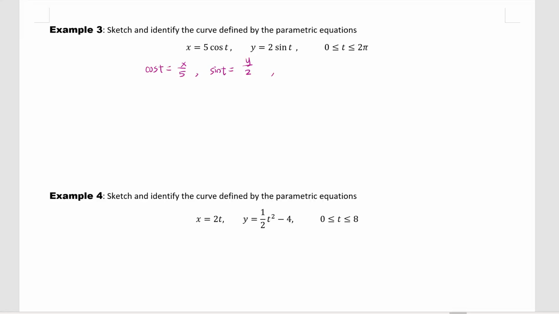Because cosine squared plus sine squared is 1, we have (x over 5) squared plus (y over 2) squared equals 1. So we have x squared over 25 plus y squared over 4 equals 1. What is this? This is actually an ellipse.